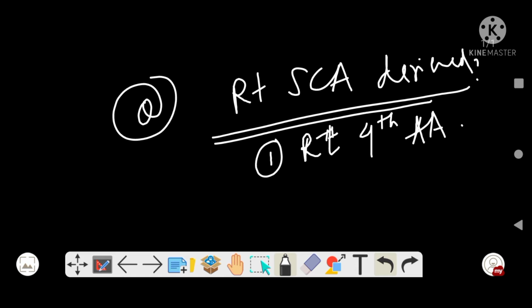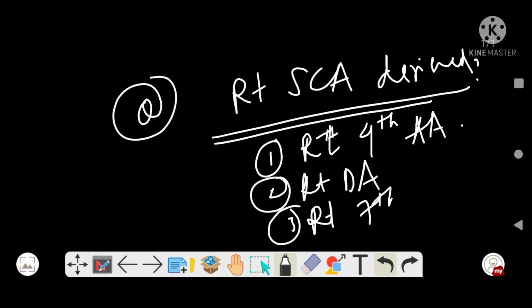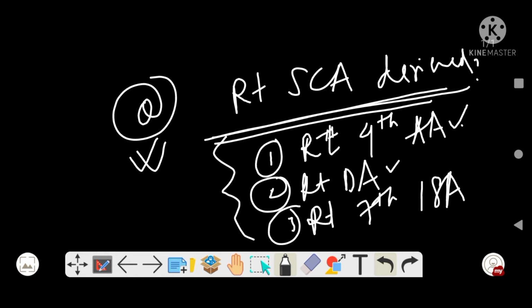Also it is derived from right dorsal aorta and right seventh intersegmental artery. I will show you. Right, so right subclavian artery is derived from right fourth arch artery, right dorsal aorta, right seventh intersegmental artery.